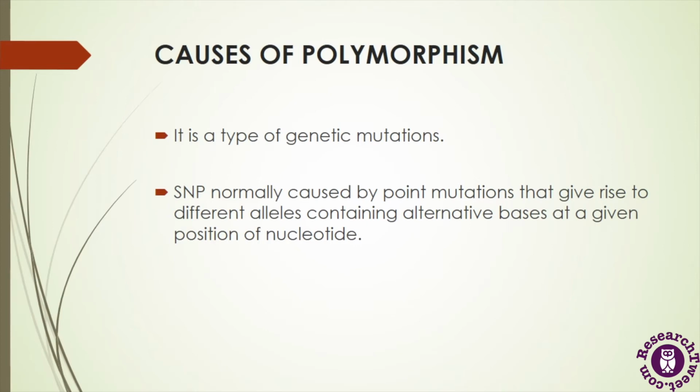We know what alleles are. If an organism has two alleles for a particular trait, they can be homozygous or heterozygous. These two alleles contain alternative bases for a single nucleotide, and this is called single nucleotide polymorphism. It is caused by several point mutations like insertion, deletion and many other mutations.